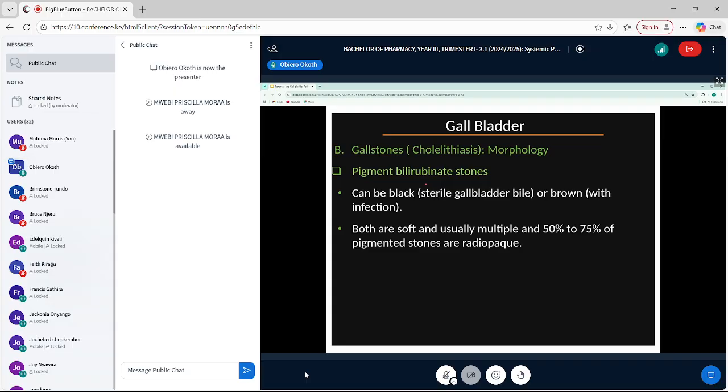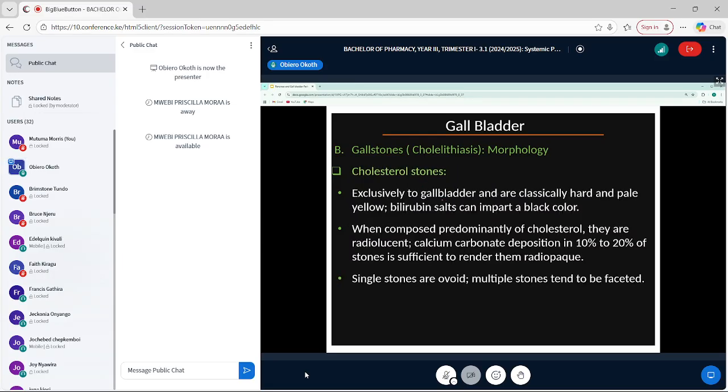Now, what do they normally look like? What's the morphology? Cholesterol stones are normally only found in the gallbladder. You can have stones in other parts of the body: in the urinary tract, the urinary bladder, the kidney, the ureters, even in the salivary gland.